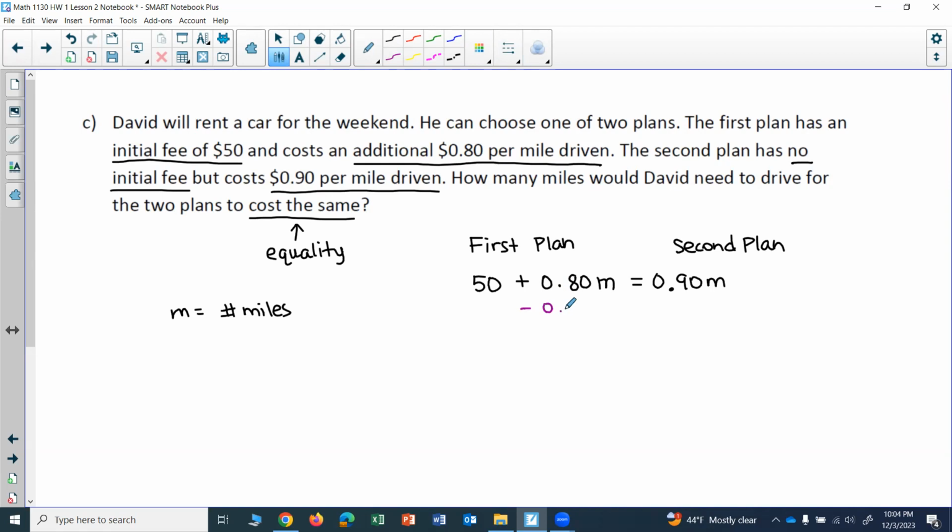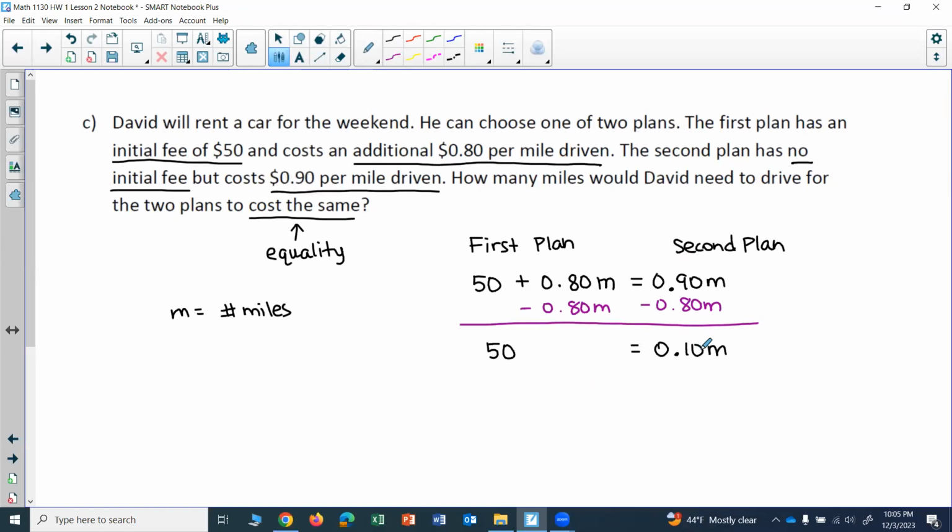I'll subtract 0.80m from both sides. So I have 50 on the left side of the equal sign and 0.10m on the right side.